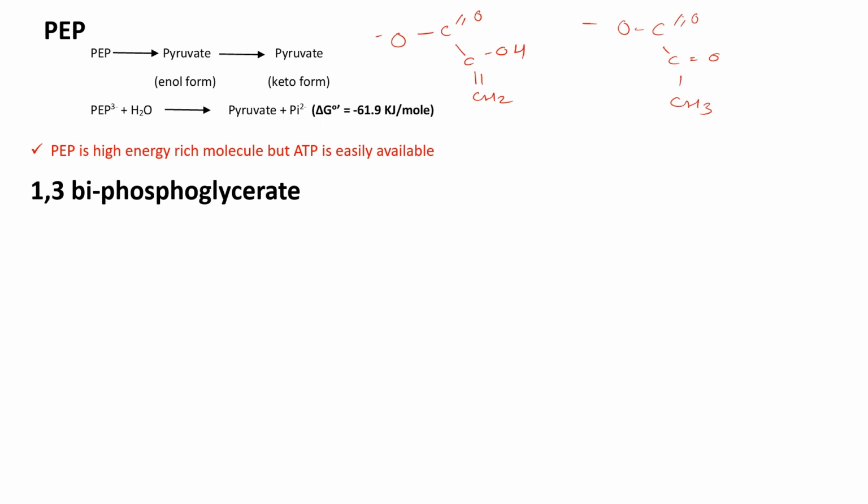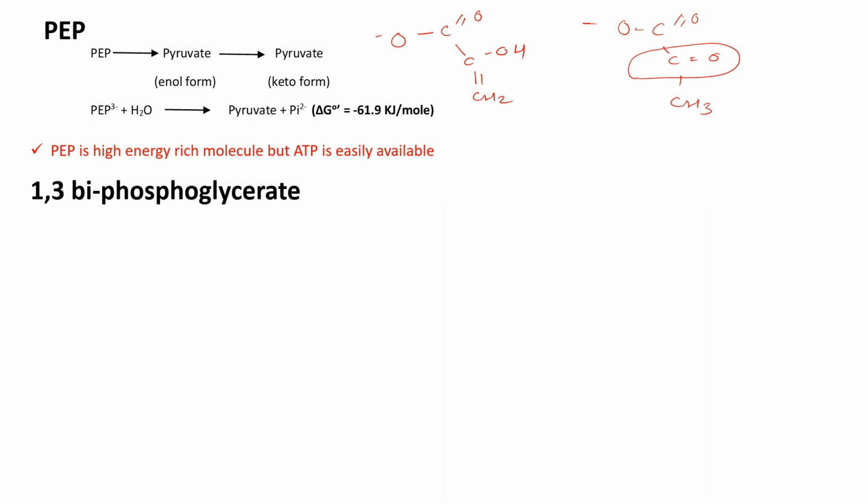So in the case of pyruvate, the keto form is more favored compared to the enol form because of this C double bond O. This double bond O is much more stable compared to that C-OH bond.